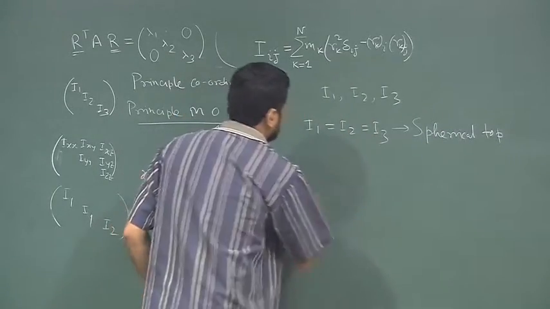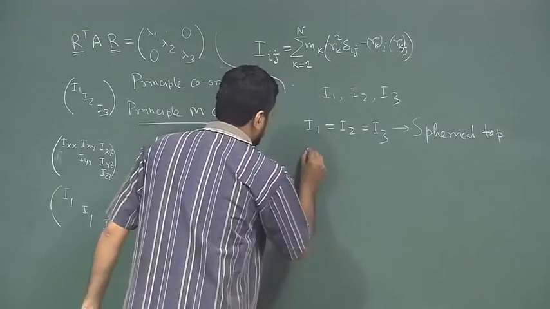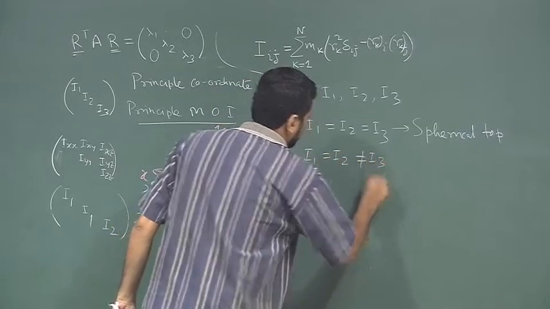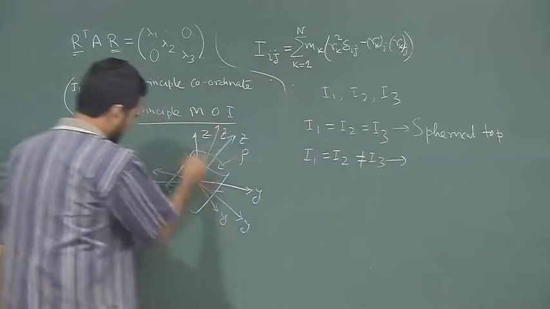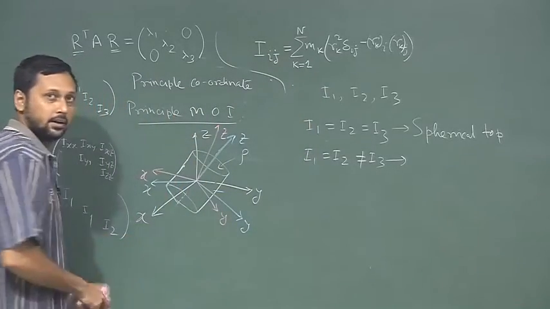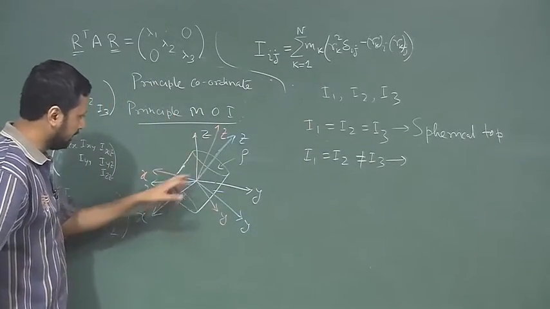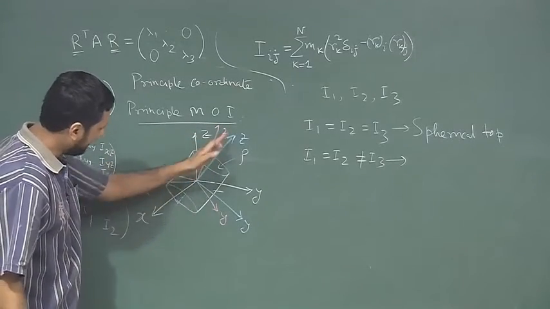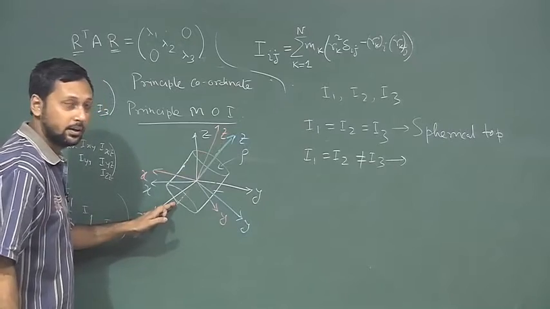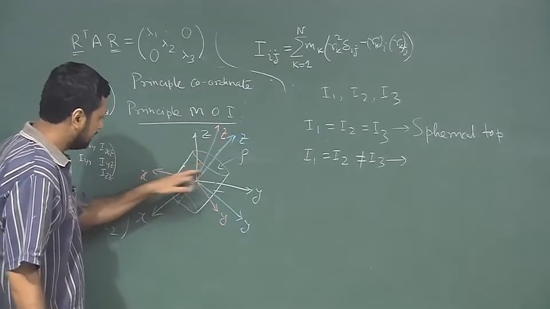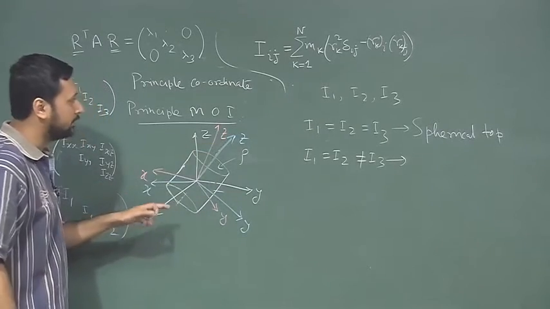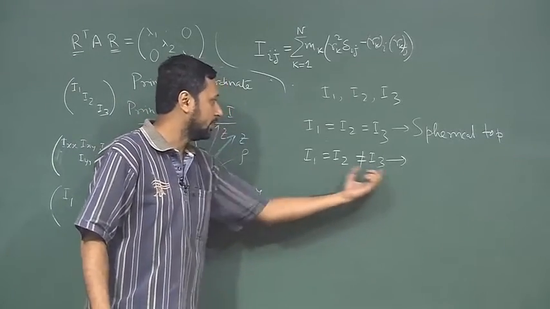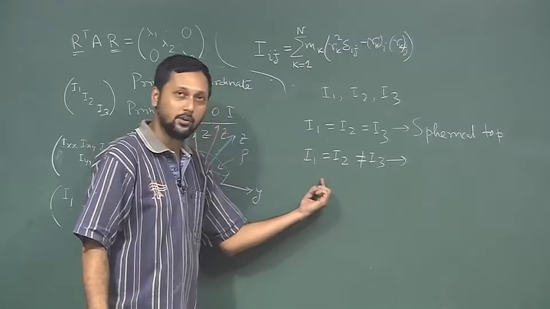Okay. The second example is I1 equal to I2 not equal to I3, which is the example we are dealing with here, a uniform cylinder, where the fixed point is anywhere on this axis. It could be here, of course, changing this fixed point will give you different values of I1 and I3, but I1 and I2 are exactly equal.